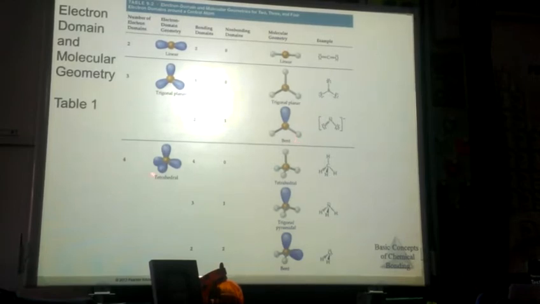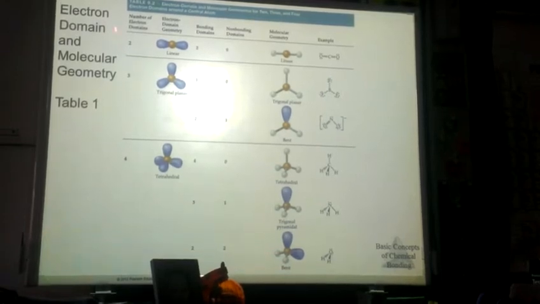If I move to tetrahedral, so here's 4 electron domains. If there's 4 bonding and 0 non-bonding, it stays tetrahedral. If there's 3 bonding and 1 non-bonding, so a total of 4 domains, but 3 are bonding and 1 is non-bonding, that's called trigonal pyramidal. And then if it's 2 and 2, that's also going to be bent.